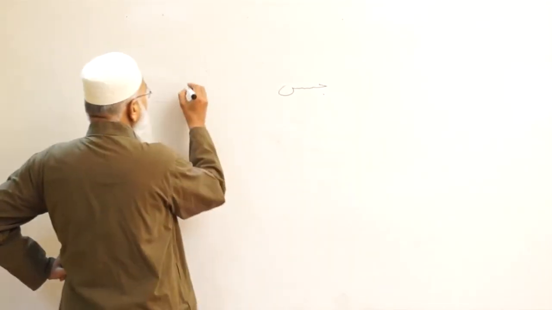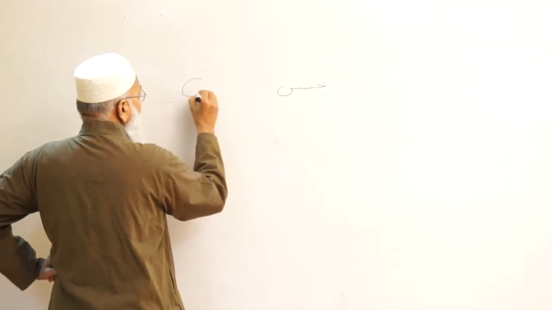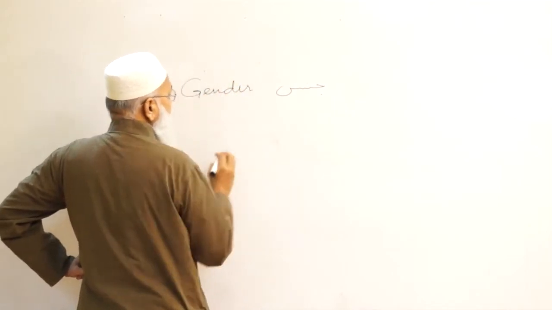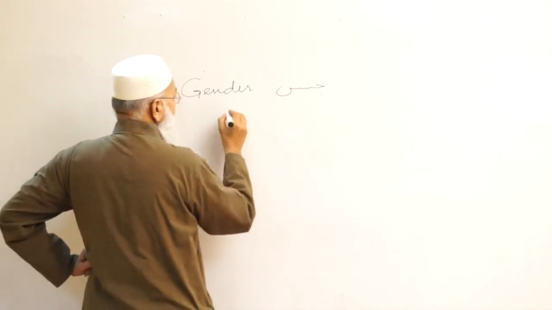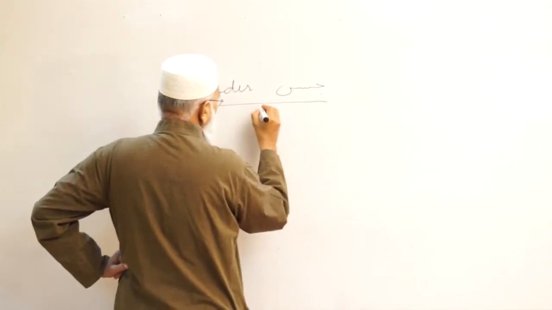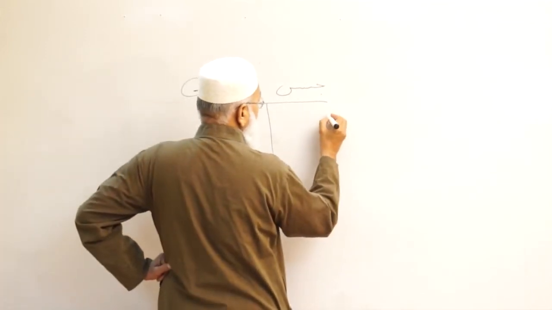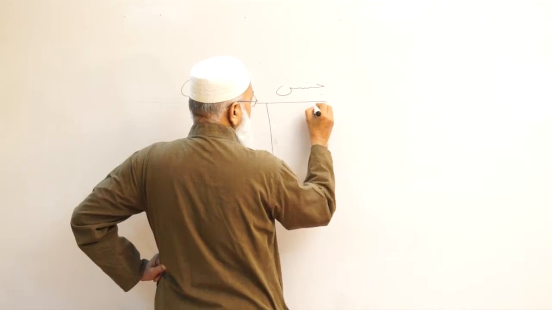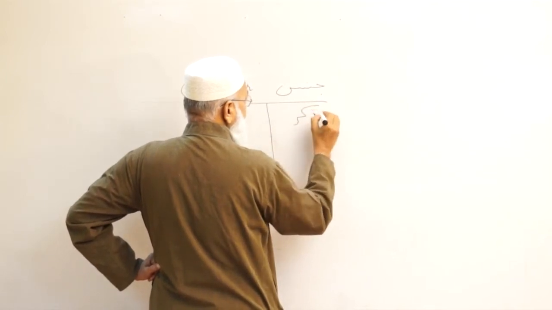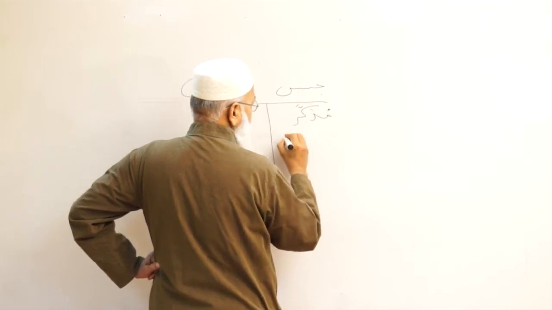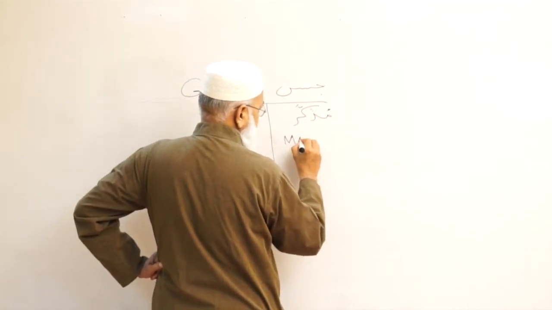Like other languages, there are 2 genders in Arabic too. 1 is mudhakkar, which means masculine.